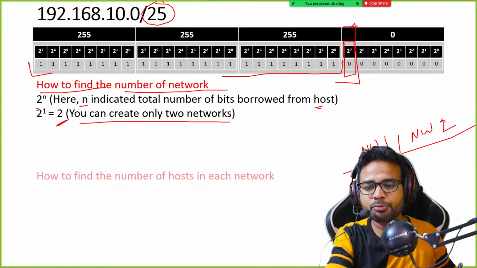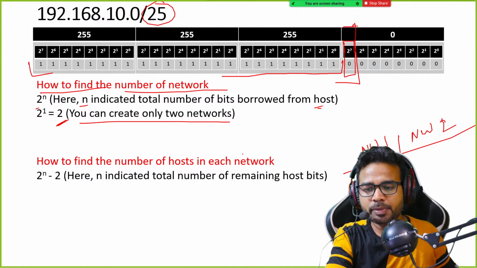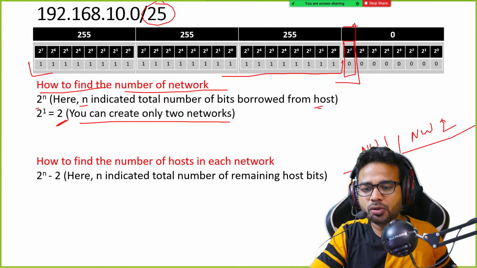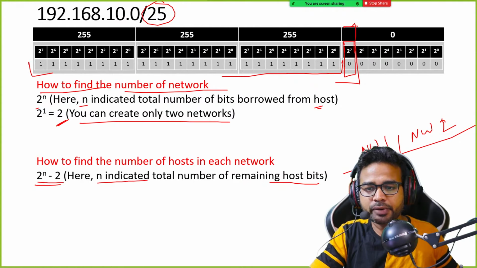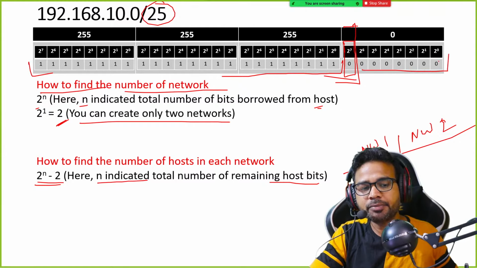For this, the formula is 2 to the power n minus 2, but read it carefully. Here n indicates the total number of remaining host bits. While finding the number of networks, n means the total number of bits borrowed from the host. But if you find the number of hosts on each network, you have to count the total number of remaining bits.